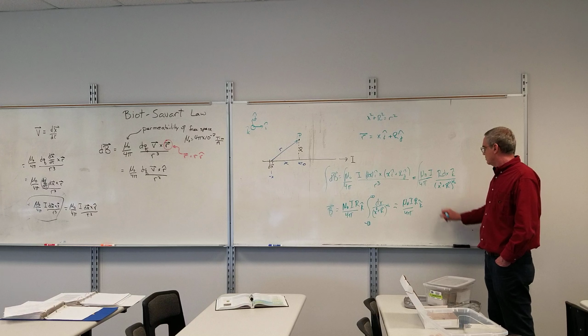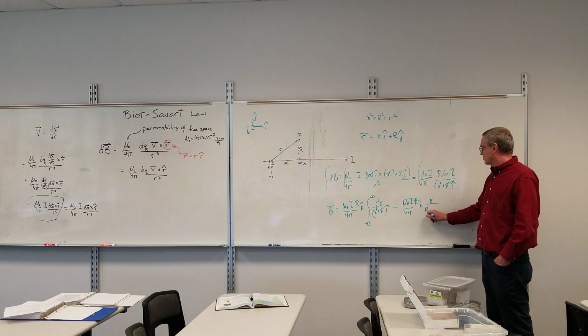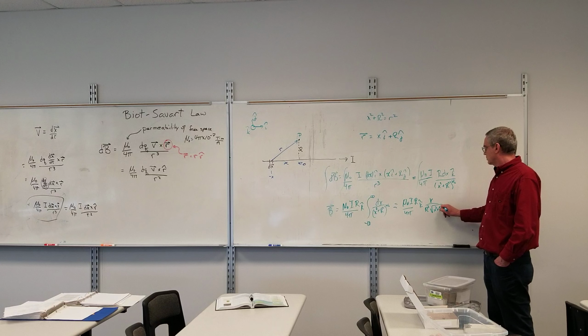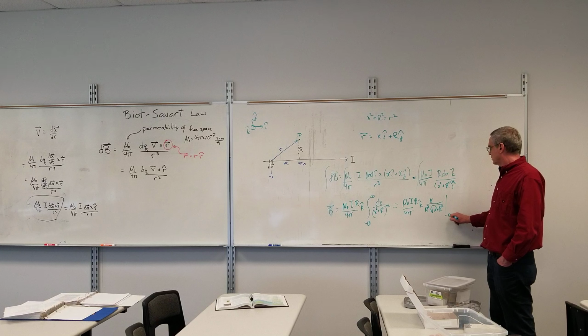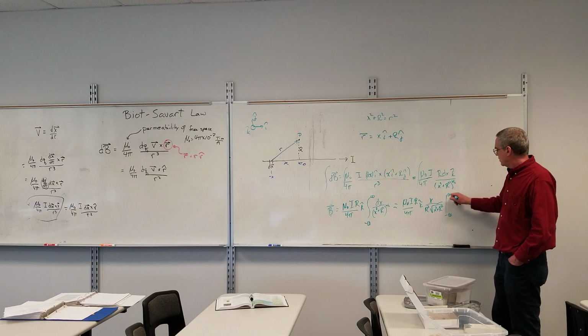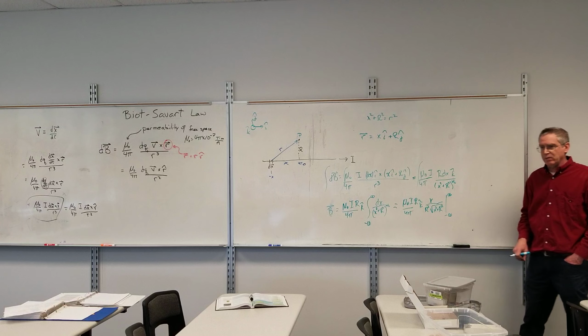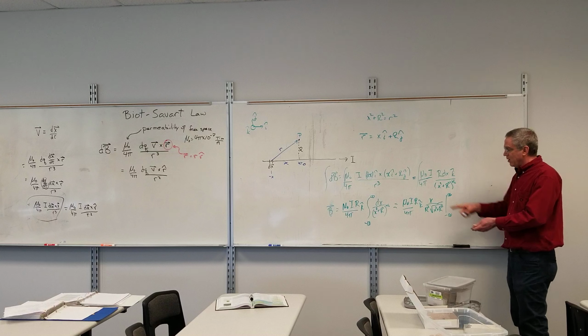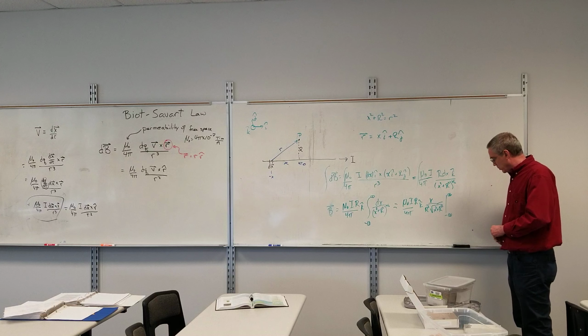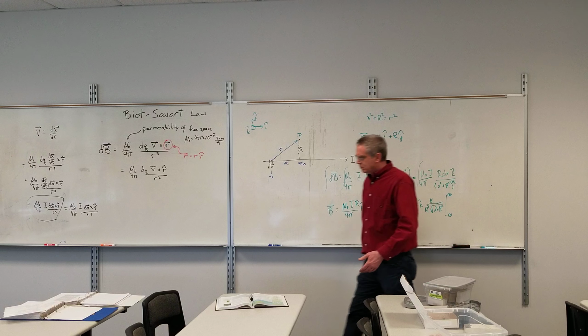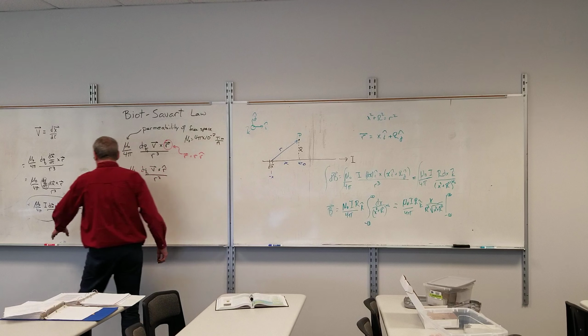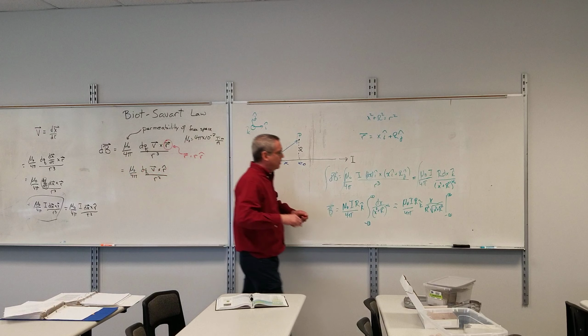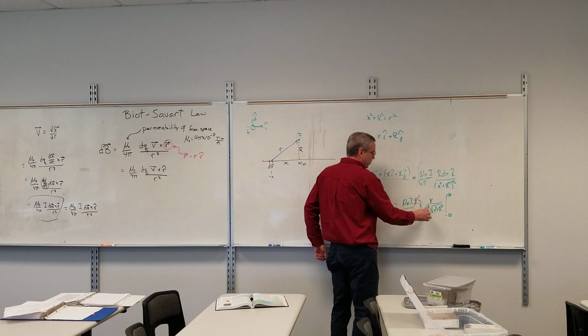So x over r squared times the square root of r squared plus x squared. Well, that r will cancel out with one of the r's, r squared, and there we go.